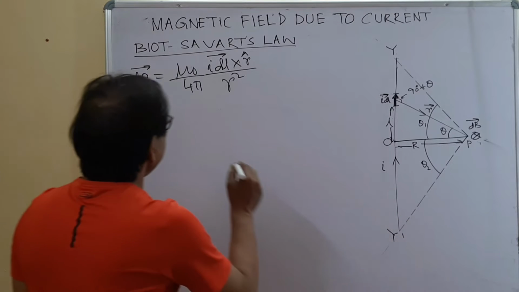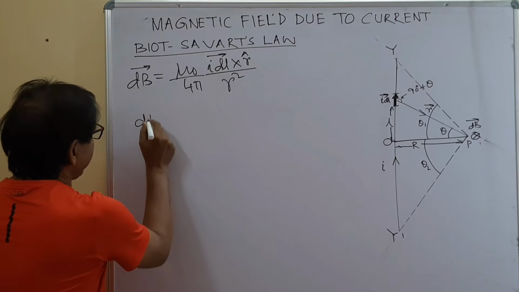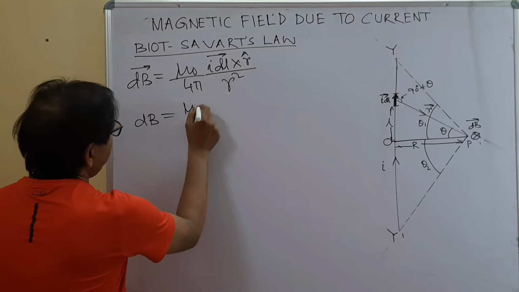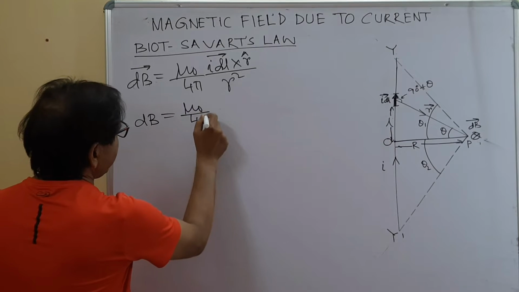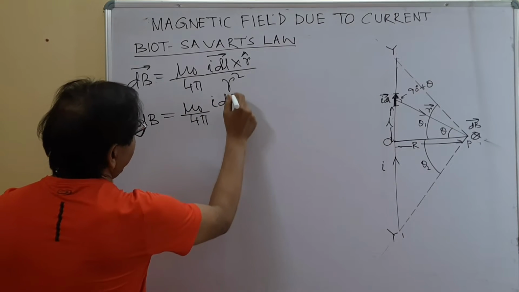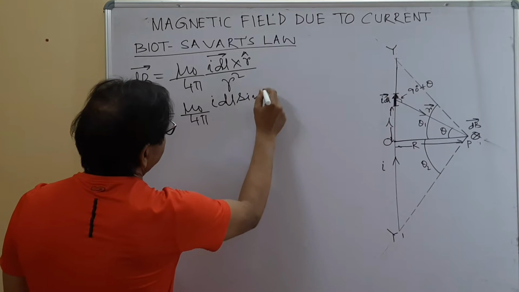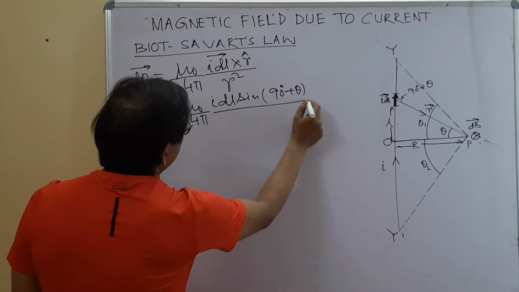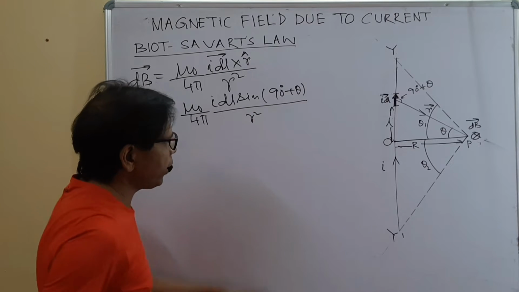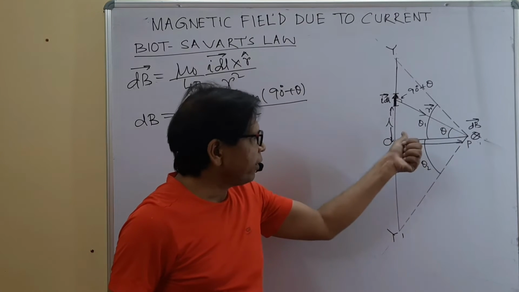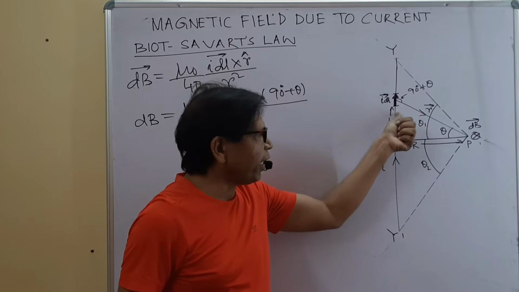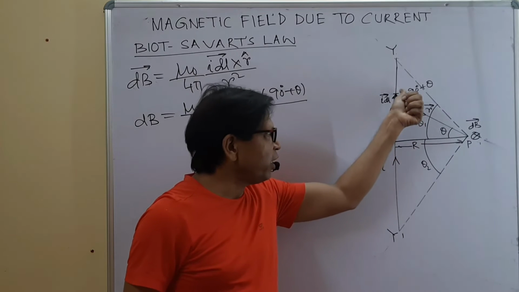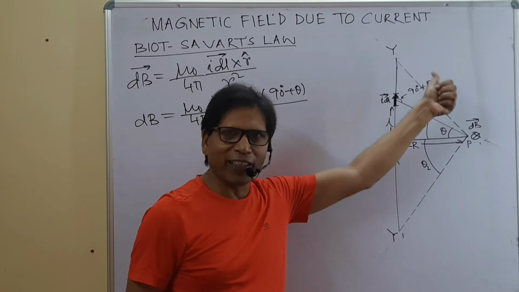So look at this, here dB equal to mu naught by 4 pi I dl sin of (90 degree plus theta) by small r square. Look at this, this is theta, this is 90, so this angle is 90 degree minus theta, so this angle is 90 degree plus theta.